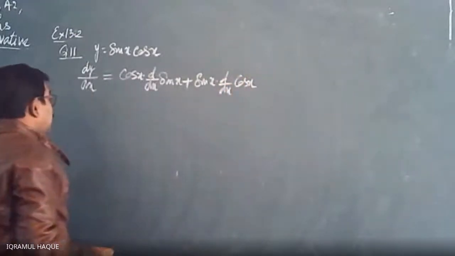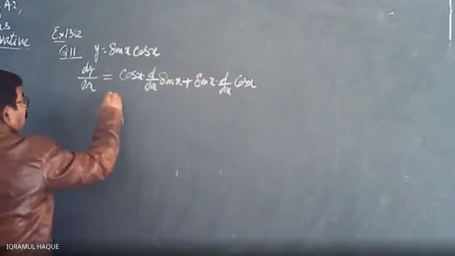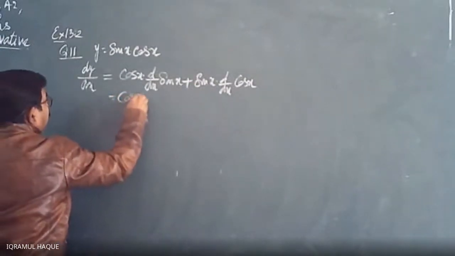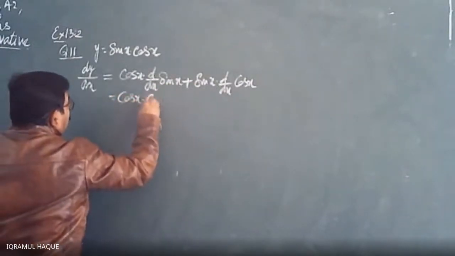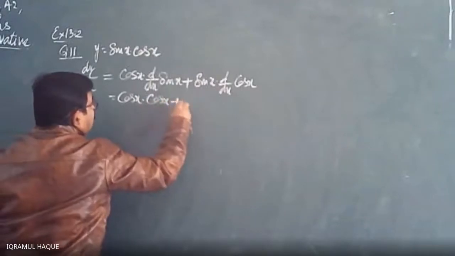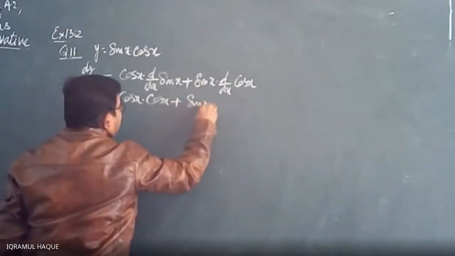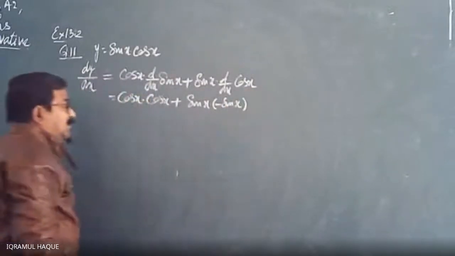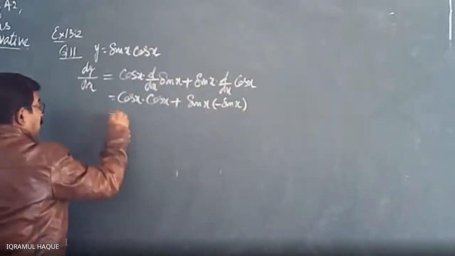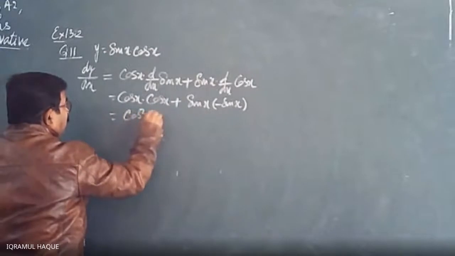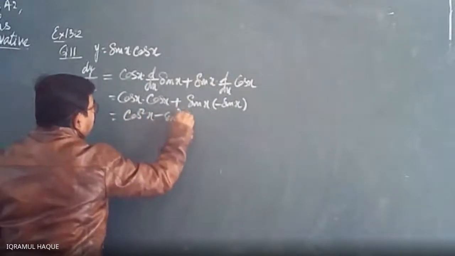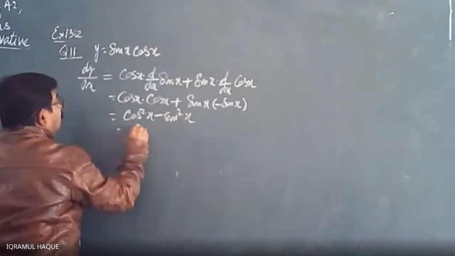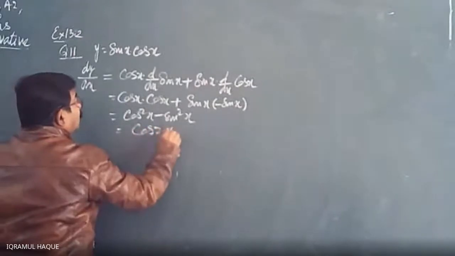Let's see, we have cos x into cos x plus sin x into minus sin x. Derivative of cos x is minus sin x. Multiply these two, we have cos square x minus sin square x, which is equal to cos 2x, is the answer.